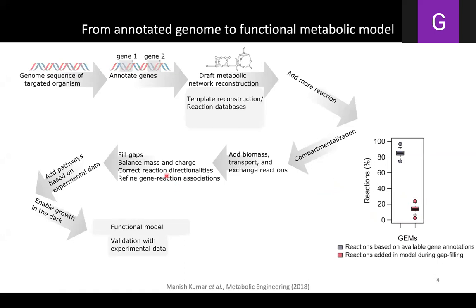We need to perform more automatic, semi-automatic, and manual curations to check several things in the model, such as mass and charge balance, reaction directionality, and gene reaction association. Next, we curate the model for organism-specific phenotypes based on experimental data. For example, what these organisms consume and produce. And finally, after this whole exercise, we have a well curated functional metabolic model with us.